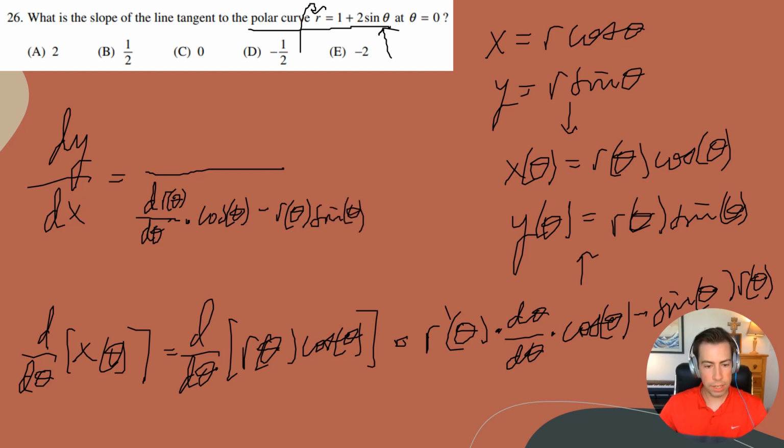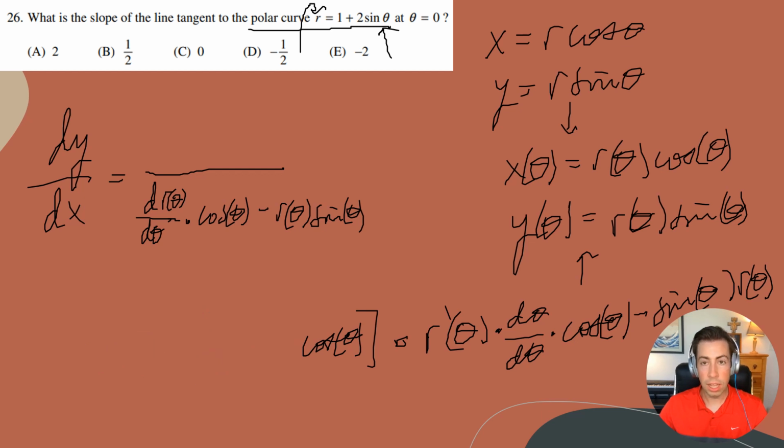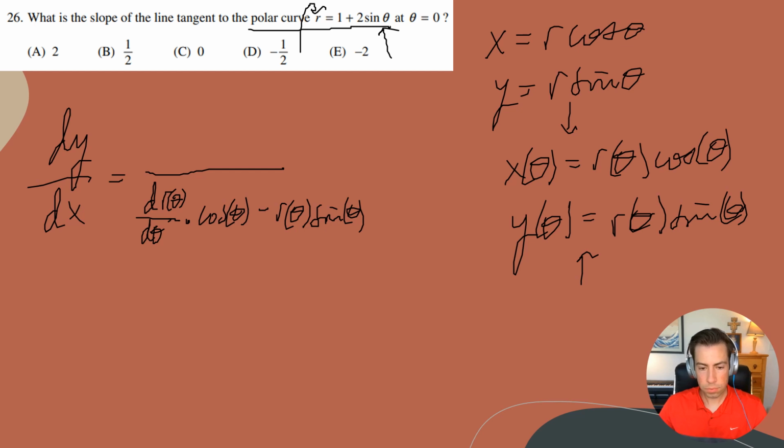Okay, so now that I have that, I will erase the bottom one so that we can do the exact same thing for y. I'm just going to apply the derivative operator to both sides without writing it out, to save room.